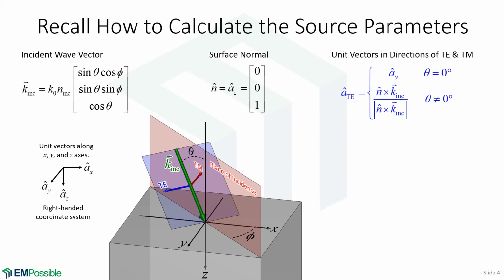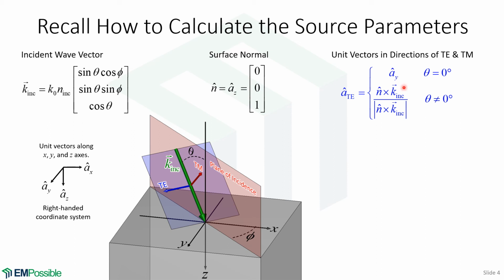Now we'd like to know what direction is the TE wave. Well, the plane of incidence is defined by the wave vector and the surface normal. Those two vectors define a plane. That's the plane of incidence, and the TE direction is perpendicular to that. So we can use the properties of a cross product to calculate the direction that's perpendicular to both k and n.